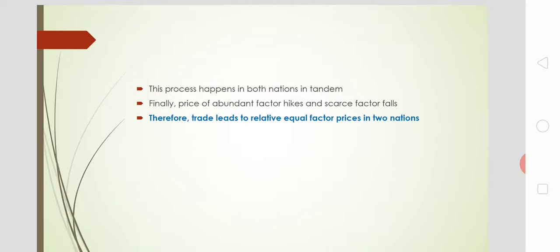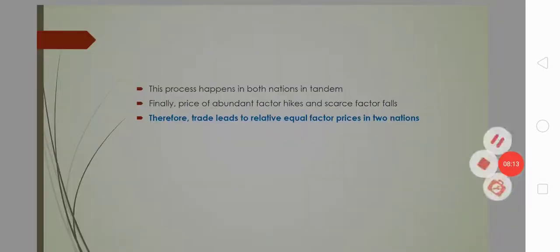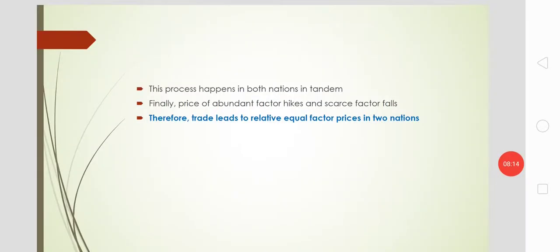Similarly, in the labor abundant nations, they employ more of labor and less of capital. Then the demand for labor will increase and the price of labor will increase eventually.